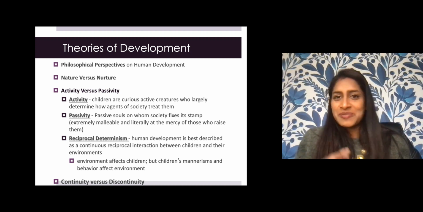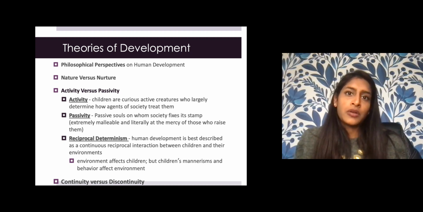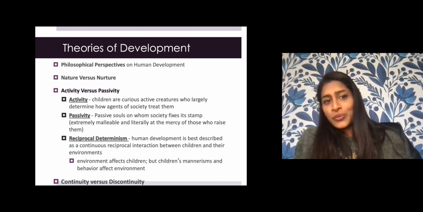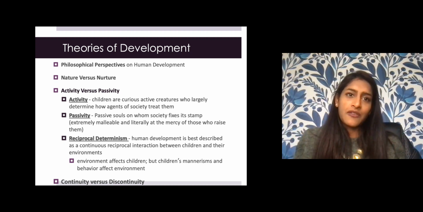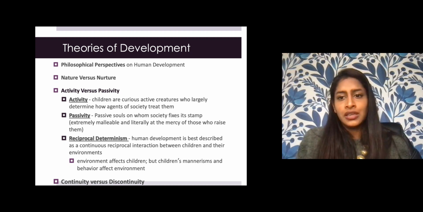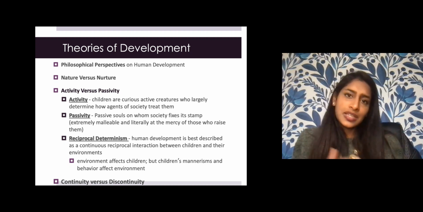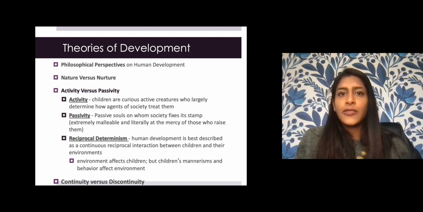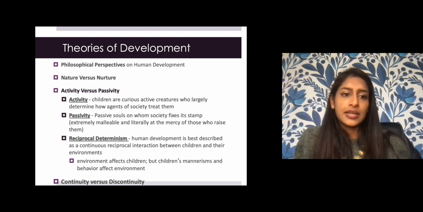Frankly, again, probably not one or the other. More current research would probably suggest we're more in this reciprocal determinism, where we probably have certain aspects of ourselves that cause us to interact with our environment differently, but our environment is also sort of molding and shaping us. So we call this reciprocal determinism.